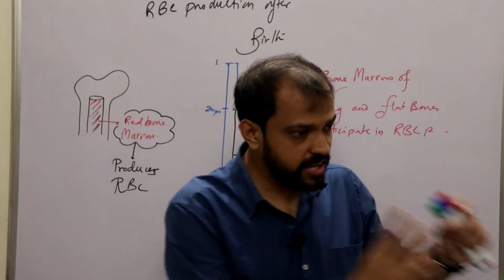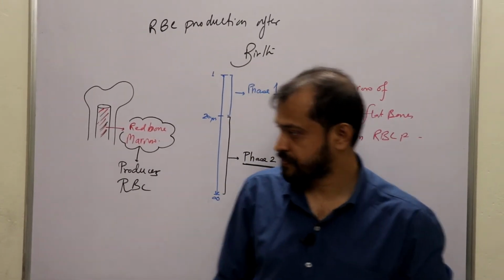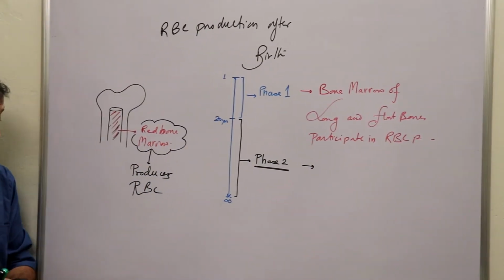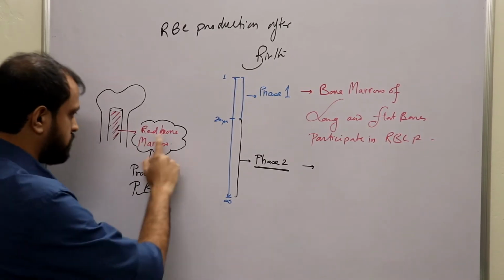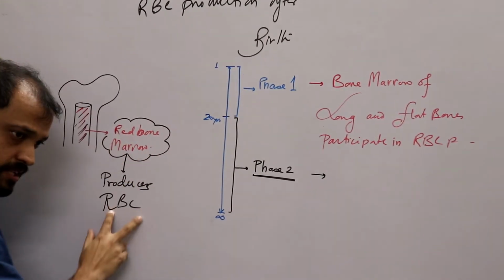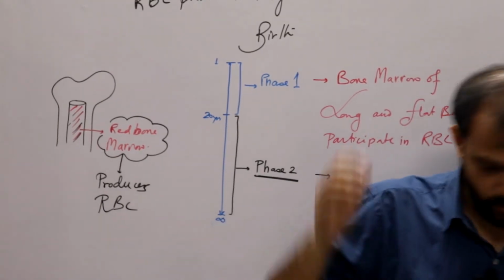The remaining red bone marrow is actively producing RBCs. In fact, red bone marrow not only produces RBC, it also produces WBC and other hematopoietic cells.